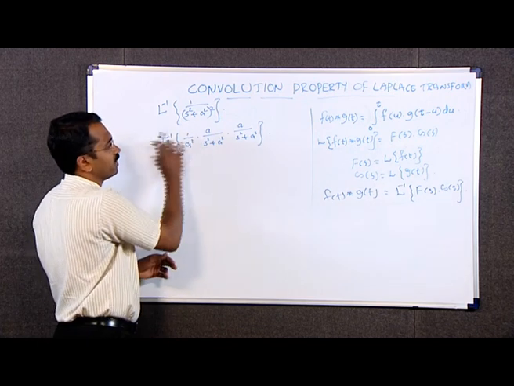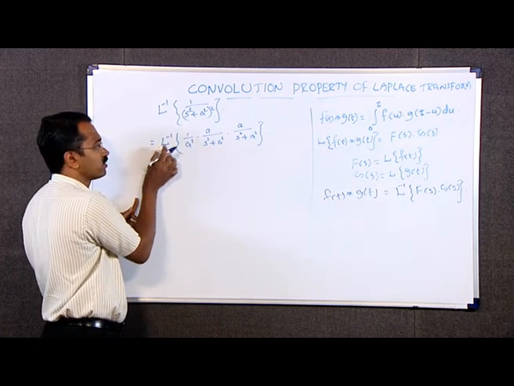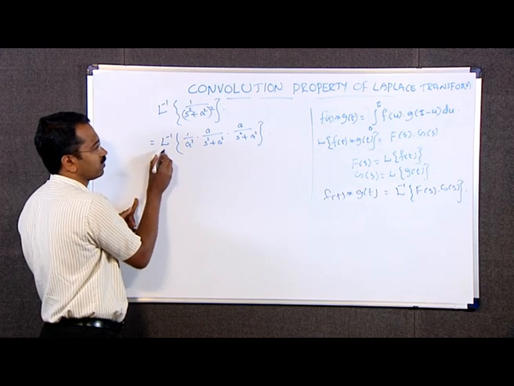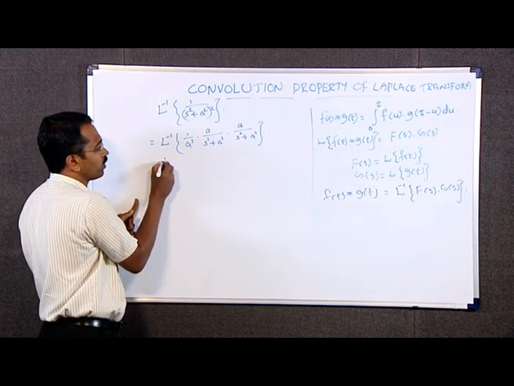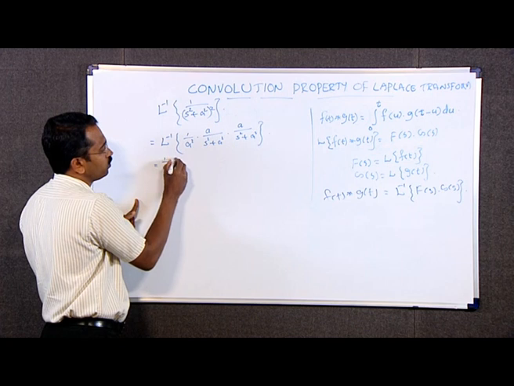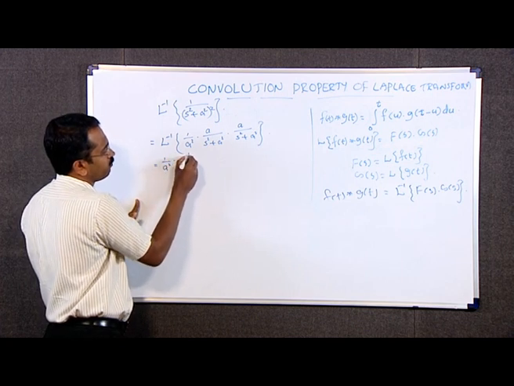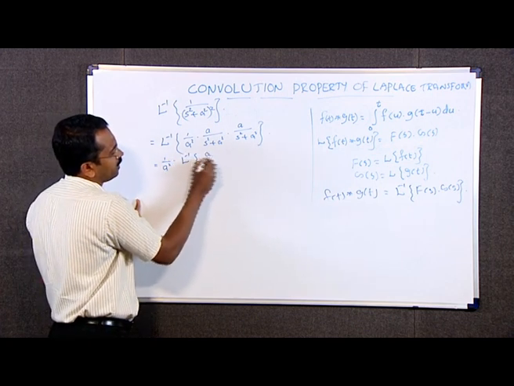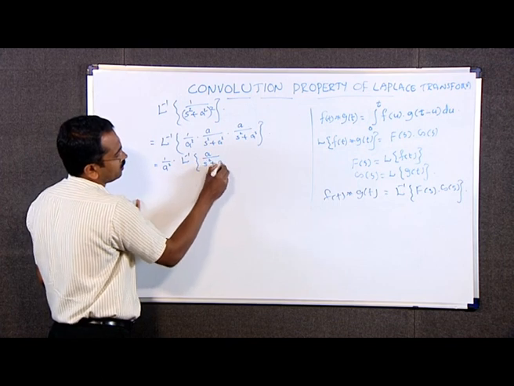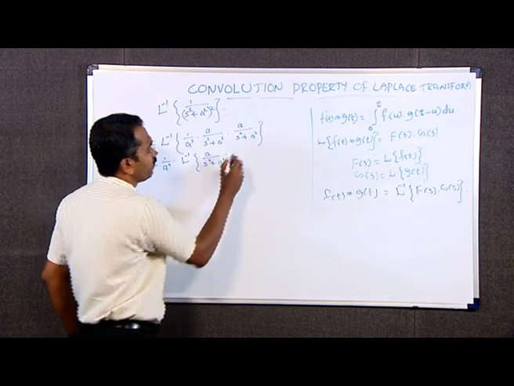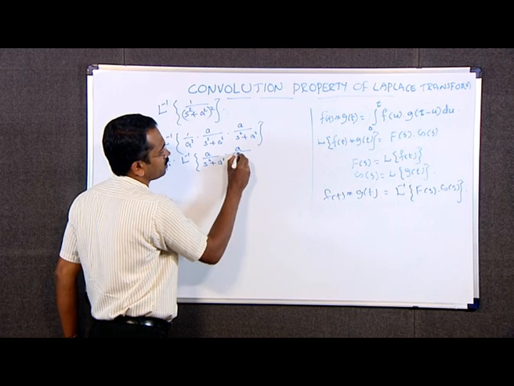This 1 by a square can be taken outside of this inverse Laplace transform. Therefore, this is equal to 1 by a square into L inverse of a by s square plus a square into a by s square plus a square.